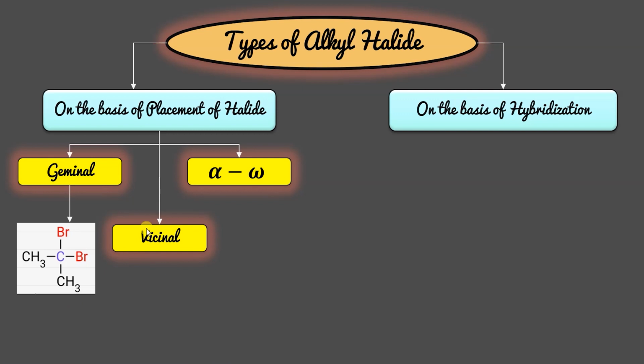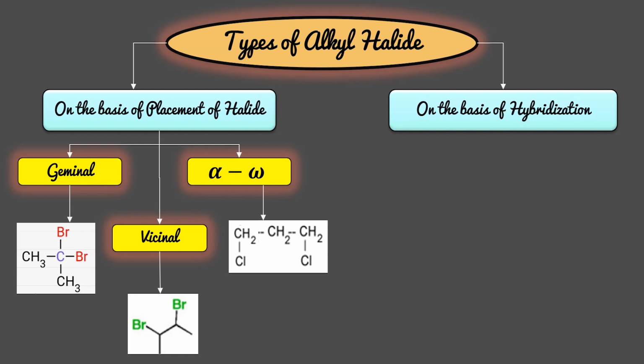Vicinal, that means two halogens are at adjacent carbons. And alpha omega, when the halogens are at the terminals. There may be 1, it may be 2 in between, it may be any number. If the halogen groups are at the terminals, then only it will be named alpha omega.